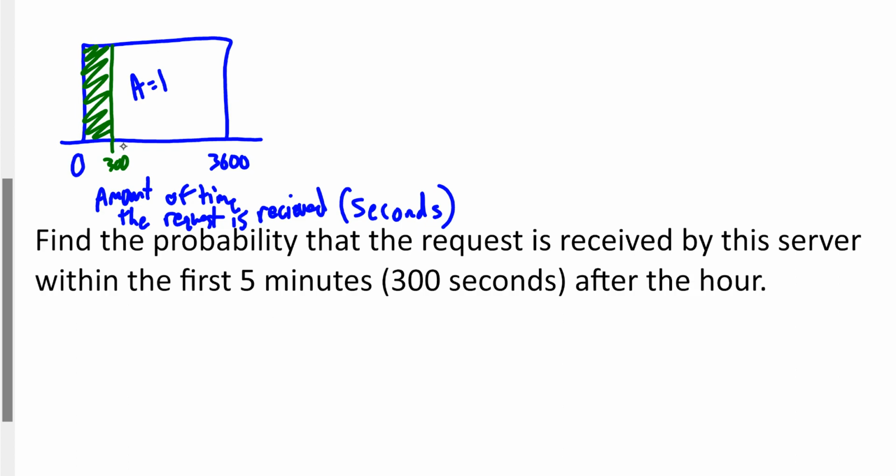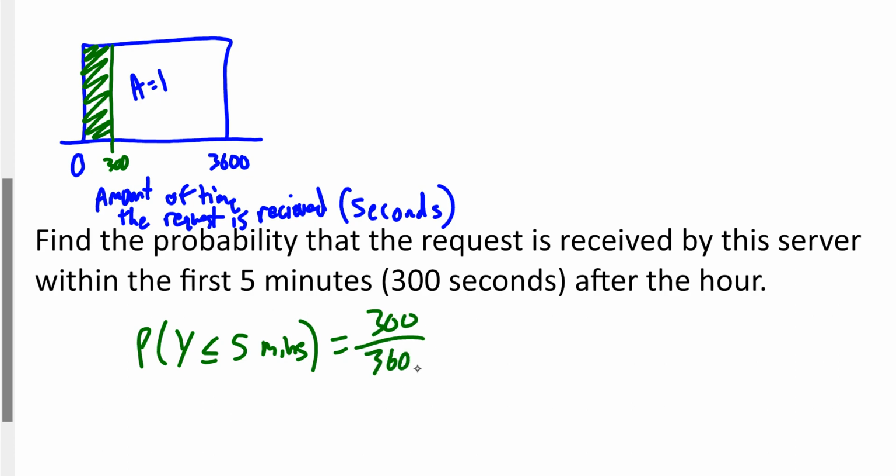We can just say, in this case, this is the distribution of y, so we're going to say that y is less than or equal to 5 minutes, or you could also just say 300 seconds, would be that 300 out of the 3600 total that's on our density curve, which reduces to 1/12. Or if you want to put it into decimal form, it's 0.0833.